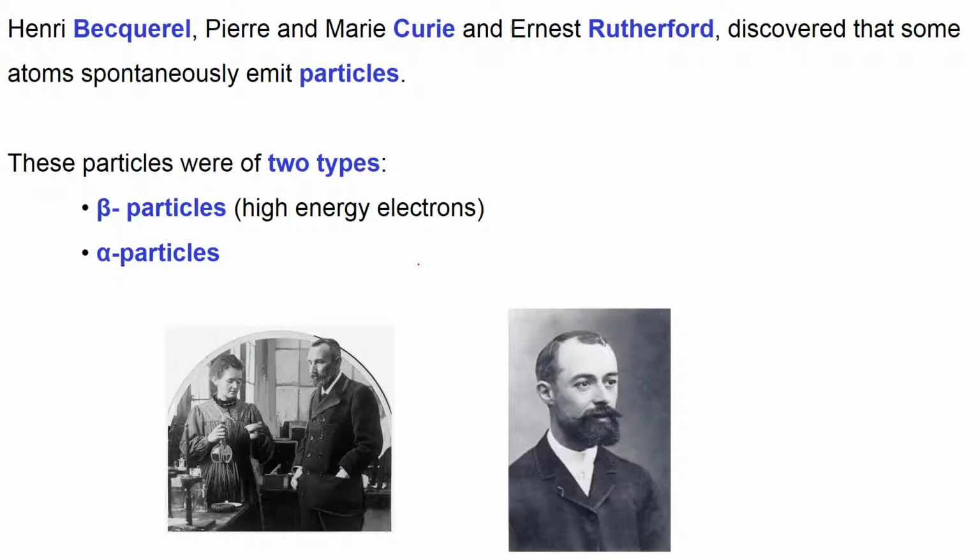Around about this time, people were discovering that a few atoms spontaneously emit high energy particles. These particles were found to be of two types. There were beta particles, which were rapidly identified as just being high energy electrons, and then there were alpha particles, which were a little bit more mysterious.